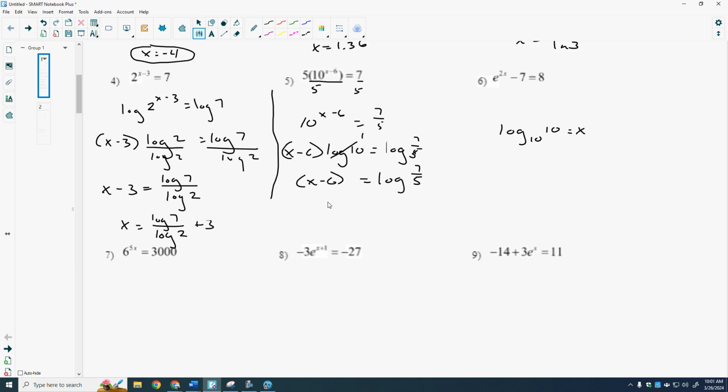And that's totally fine. It just saves you one step. Like I said, it's not right, not wrong, just maybe a little easier. I want to get rid of the negative 6, so I add 6 to both sides, and I get my answer. Grab a calculator, type that in, and you should get the answer that's on the back of the worksheet.